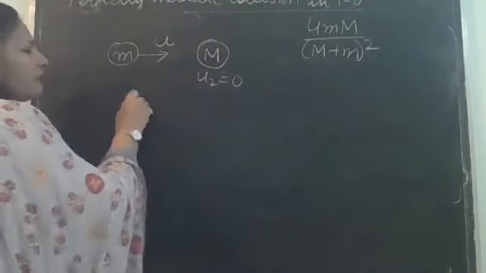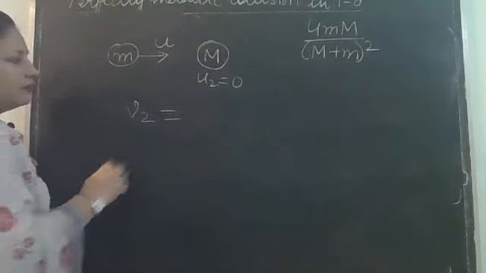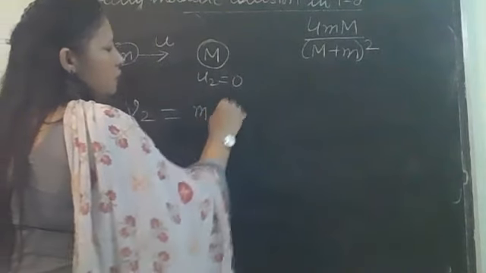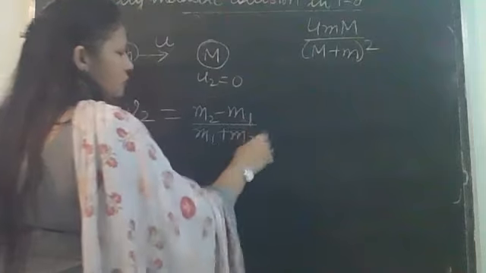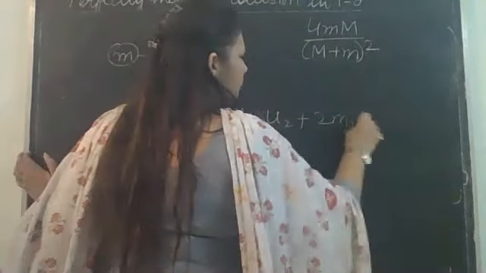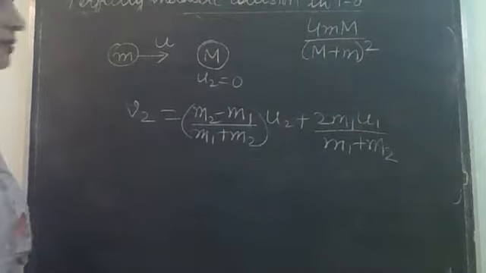So using the formula of final velocity of elastic collision, if you remember, it was (m2 minus m1) over (m1 plus m2) u2 plus 2 m1 u1 over (m1 plus m2). We can find the velocity of the second object.